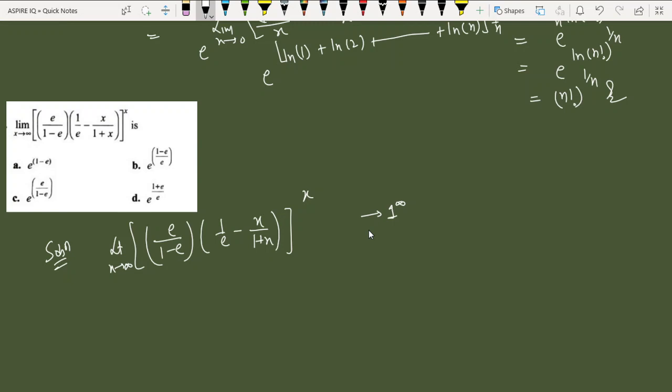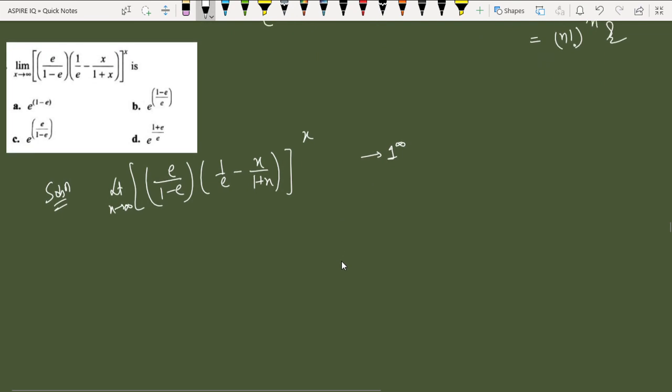For this 1 to the power infinity form, just simply take it like we did above: we add 1 and subtract 1, and I will directly write this down. What we will get is x times ((1/e) to the power x upon 1 plus x, minus 1).